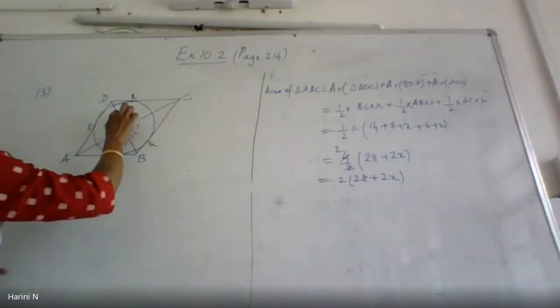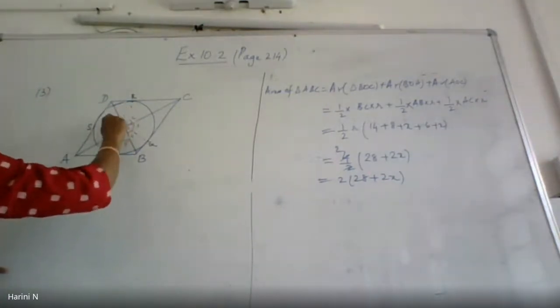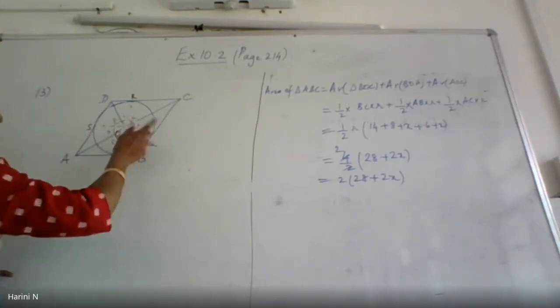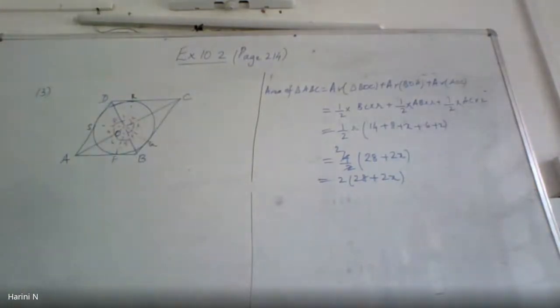So when I say 1 plus 8, we can tell it as 2 times angle 1. Similarly, 2 plus 3, I can show it as 2 times angle 2. So I can tell 2 times each of these angles.